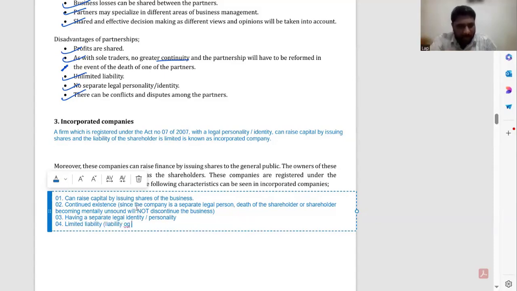The liability of the shareholders is limited to the value of the shares they have purchased.